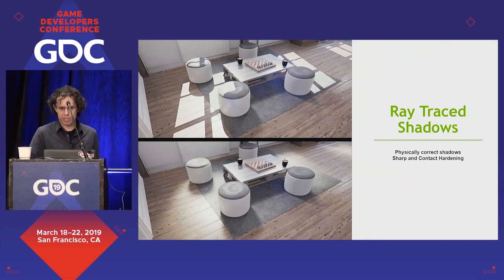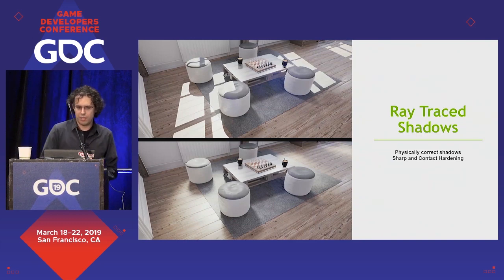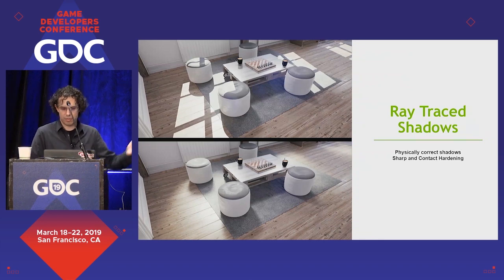So I have a few examples of some stuff that we've been looking into that is now viable in real time. I may have mentioned shadows a couple of times before. This is an example of ray traced shadows. In the top, we have a single directional light casting light over a scene. Think of it as the sun through an open window, or, well, the window is closed, actually.